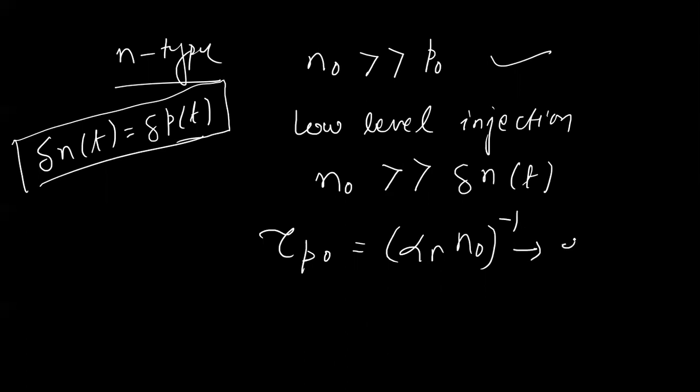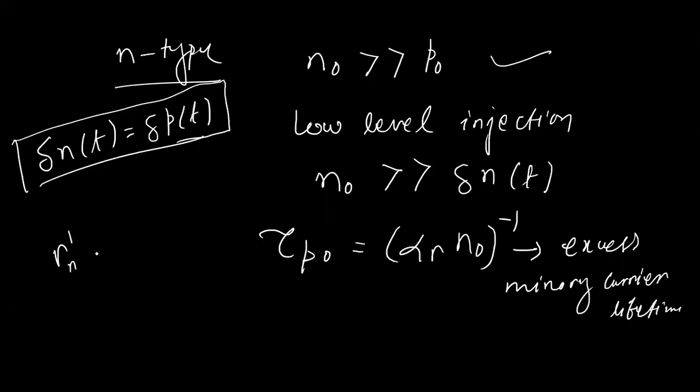So that is your excess minority carrier lifetime. The same thing I'm writing, lifetime. So you can write the recombination here. Rn dash is equal to Rp dash for the N type, and it can be written as delta Nt divided by tau P0.